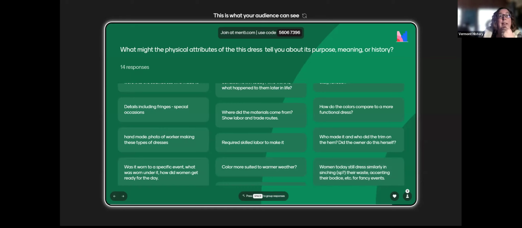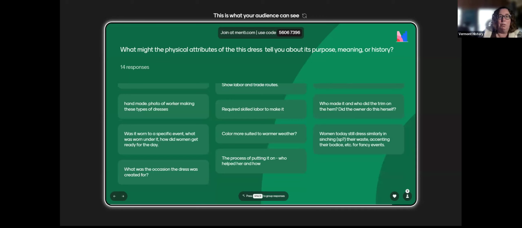And then how can I put that into story? It's an exercise for pulling story out of something, especially if you don't have a story already. Sometimes you'll have a specific story that you want something to represent. Sometimes you have a thing, and then you need to figure out what the story is behind it.